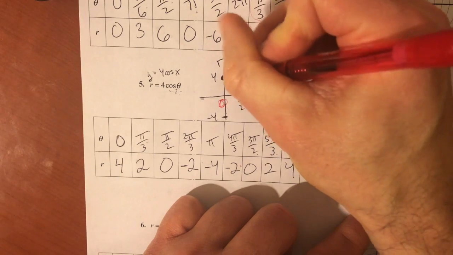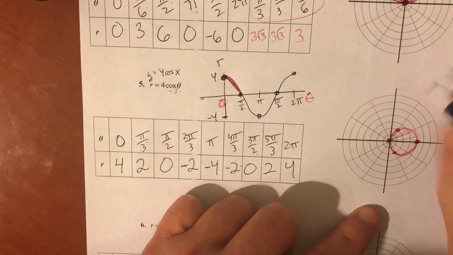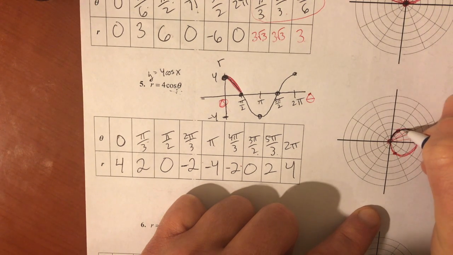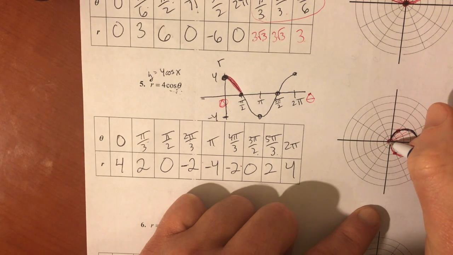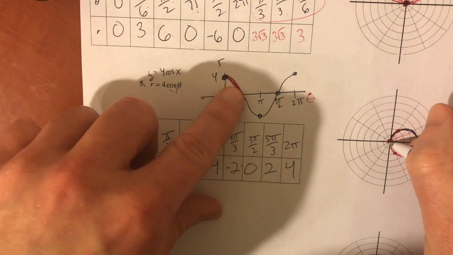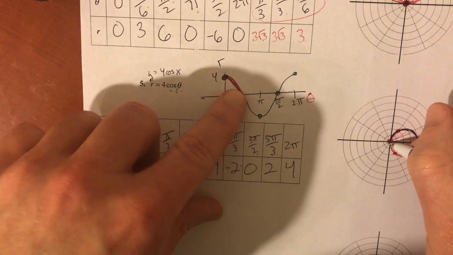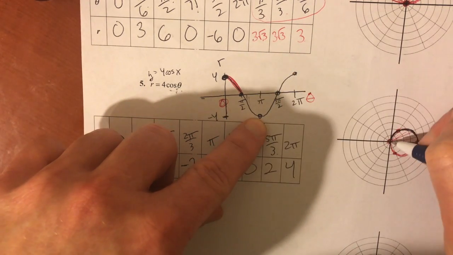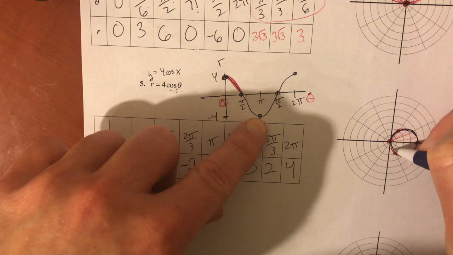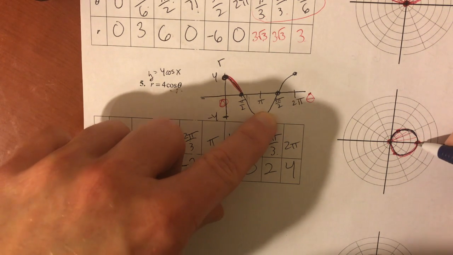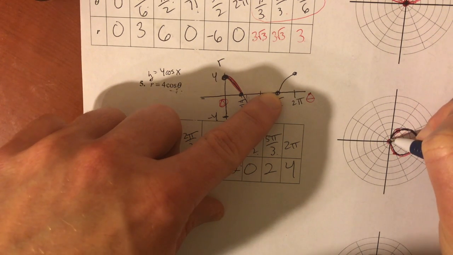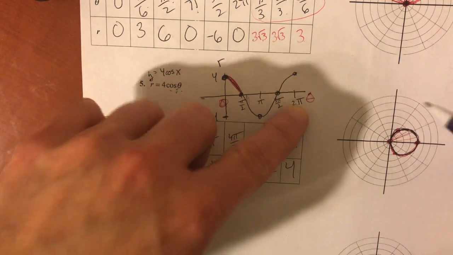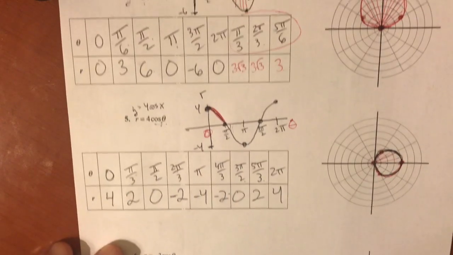That portion right there corresponds to this portion along here. As you rotated, your r value decreased down to 0. But then you continued rotating in a circular fashion, and your r value increased again. It reeled out to being negative 4. So it went from here to there, and then it got reeled back towards 0, and then got reeled out again, and so on and so forth if I keep going. So you've got a circle.